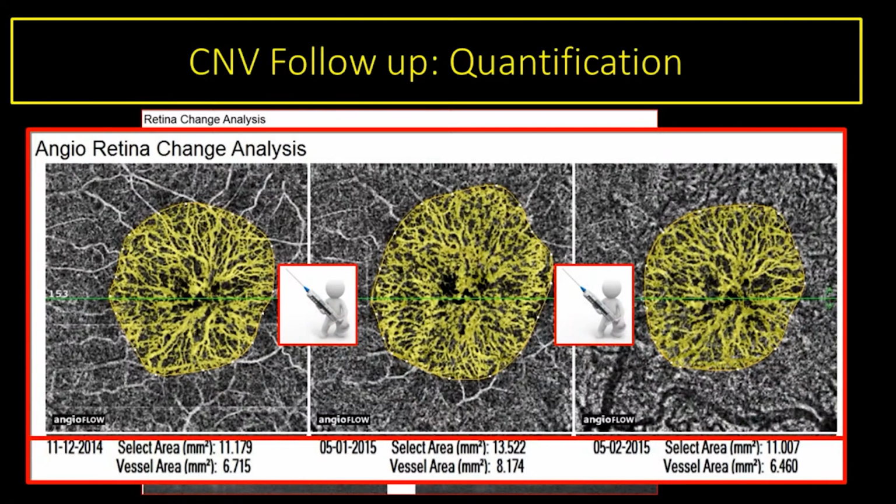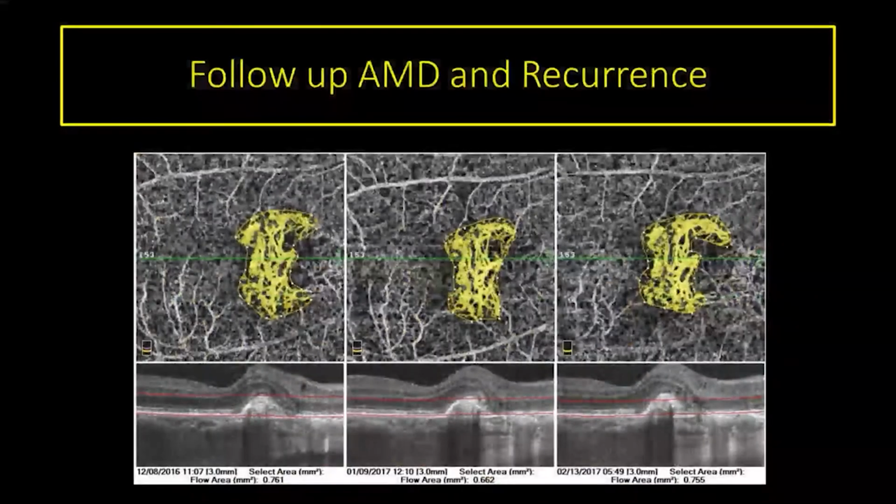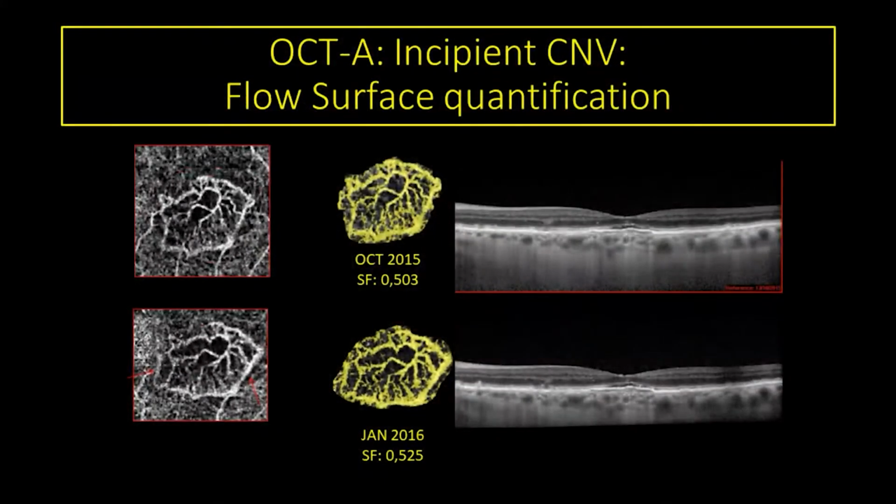In another case with flow surface, here in incipient CNV, you observe changes of flow surface due to thickening of the anastomosis arcade before the first sign of exudation.